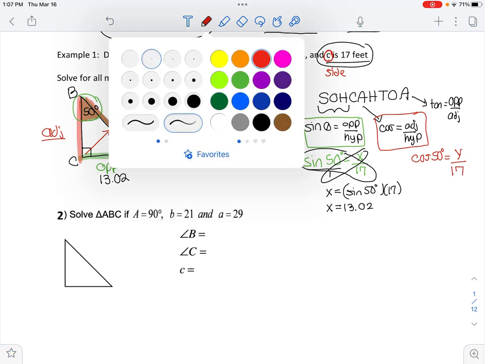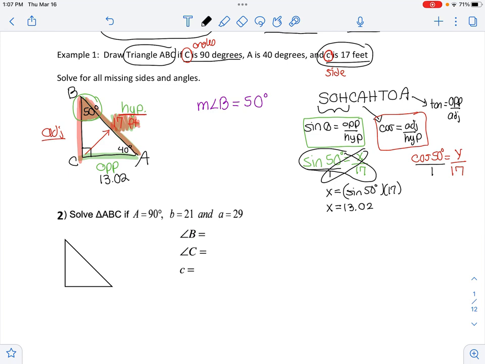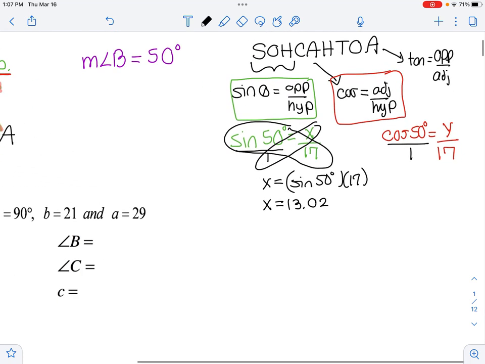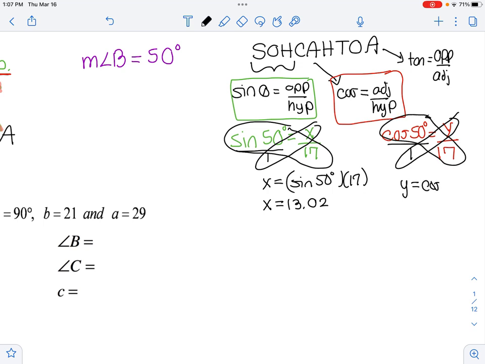Again, we're solving the equation. I'm going to write a proportion. If I cross multiply to solve for y, I'm just multiplying cosine of 50 times 17 to get my y value. As long as your calculator is in the right mode, you can enter that in. We get a y value of about 10.93.